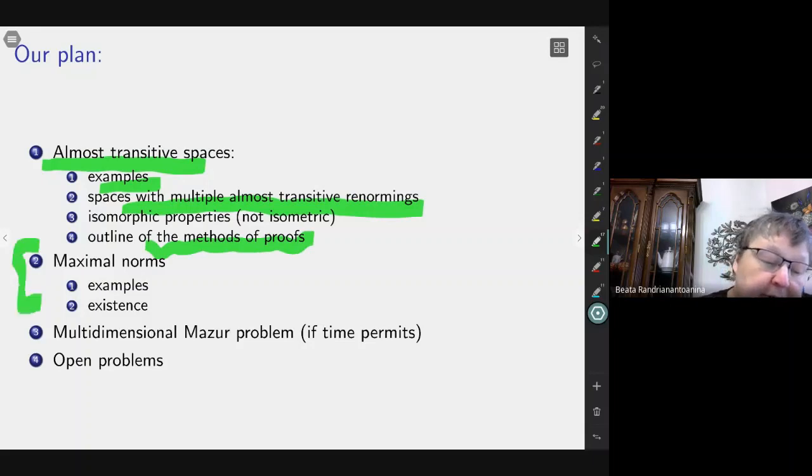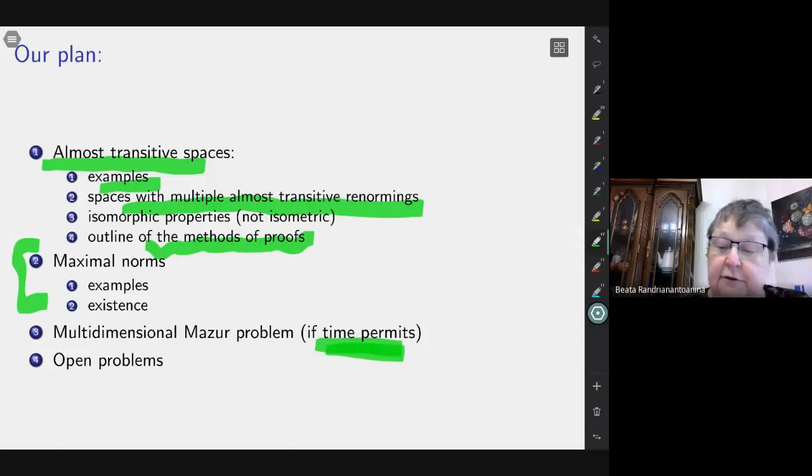Then we will talk about maximal norms. And then, if time permits, I'm going a little bit slower than I was hoping, we will do the multidimensional Banach-Mazur problem. And we will have open problems. Time will definitely permit for open problems.